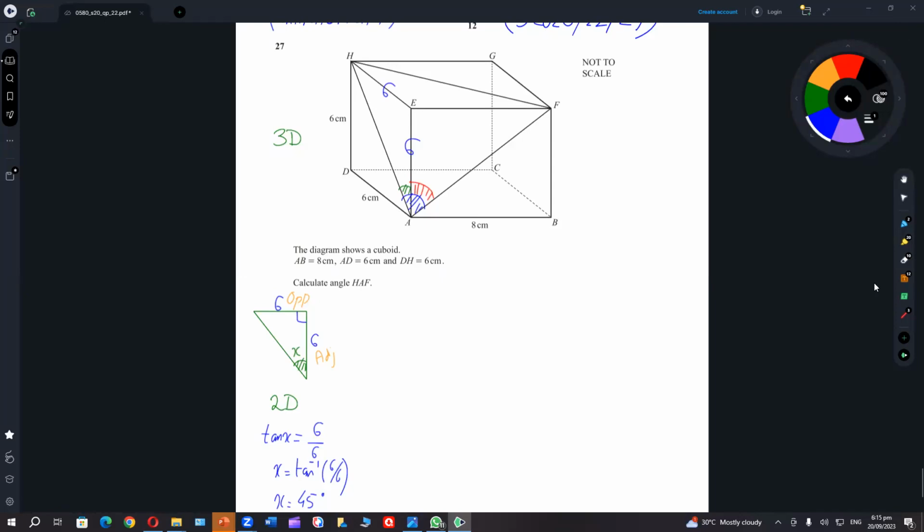The first angle part is coming 45 degrees.